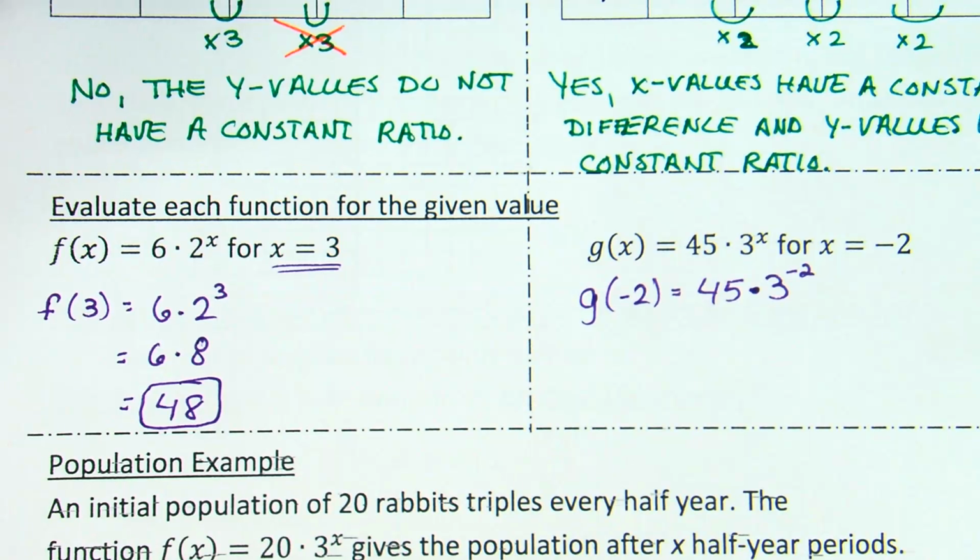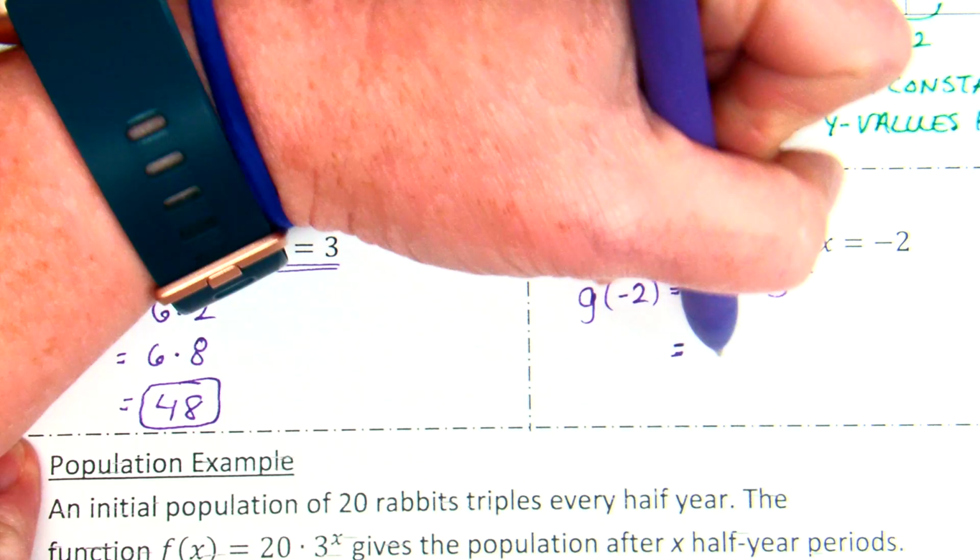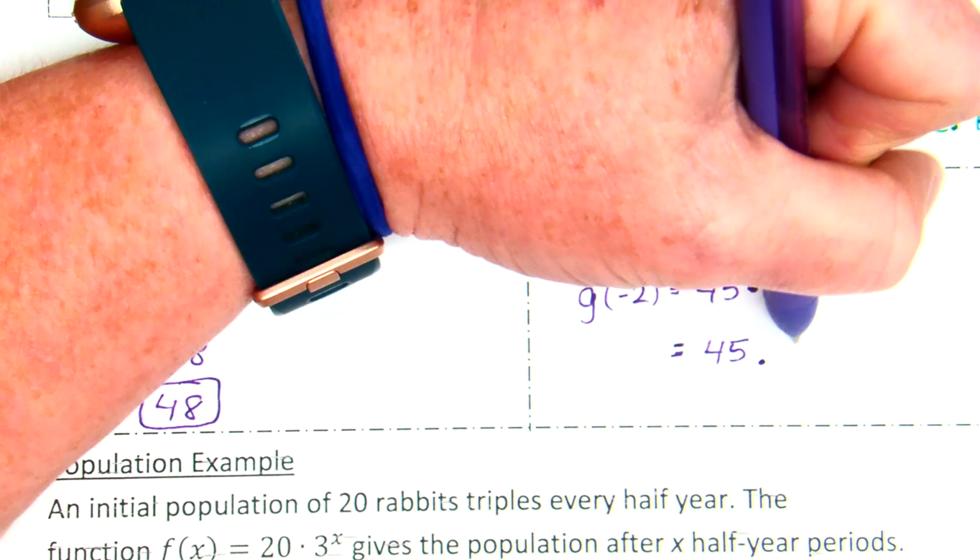Okay, before you can do any actual math, like multiplying or anything, what do we do with negative exponents? Move it to the denominator. So now 45 is going to stay 45. 3 to the negative second is going to become 1 over 3 to the second.